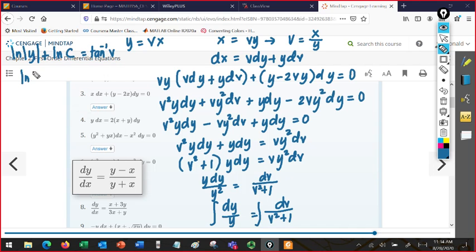So this becomes ln of cy equals, what is v? From the substitution, that is x over y. Then removing the natural log, we have cy is equal to e raised to the arctangent.